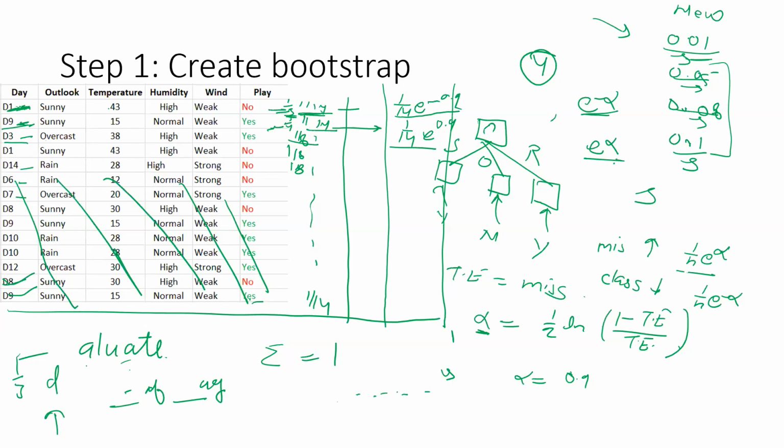In that manner, we make sure the misclassified points have higher importance in training the new system, and those which were classified correctly, we are reducing the importance.